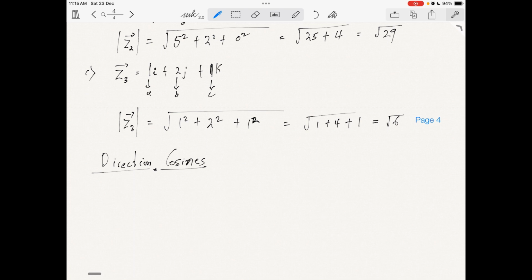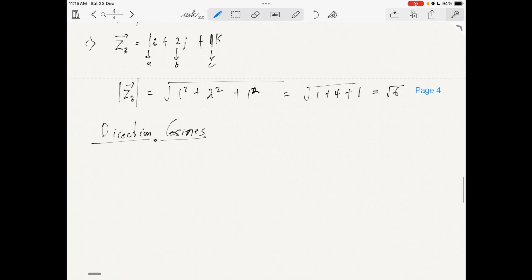Okay, so here is the logic behind it. Now we're given that if we have vector r, which is equal to ai plus bj plus ck, then we know that the modulus of the vector, which we write as modulus r, is equal to the square root of a squared plus b squared plus c squared.